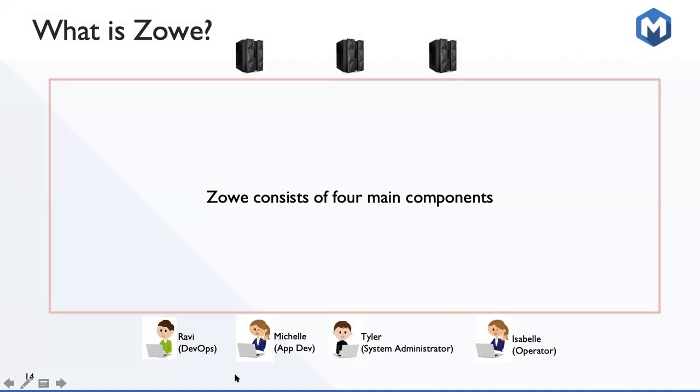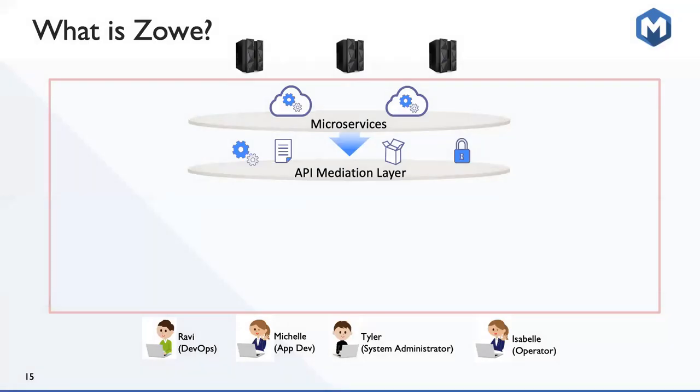So in terms of components, there are four main sub-projects or component groups within Zowe.